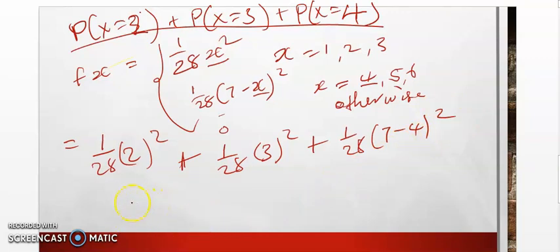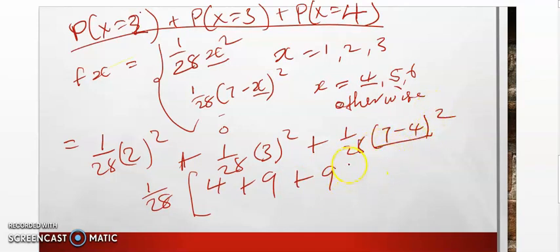If we evaluate this, we can factor out 1 over 28. We have 1 over 28 times (4 plus 9 plus 9). 2 squared is 4, 3 squared is 9, and the last one, if we open the bracket, 3 squared, also gives 9.